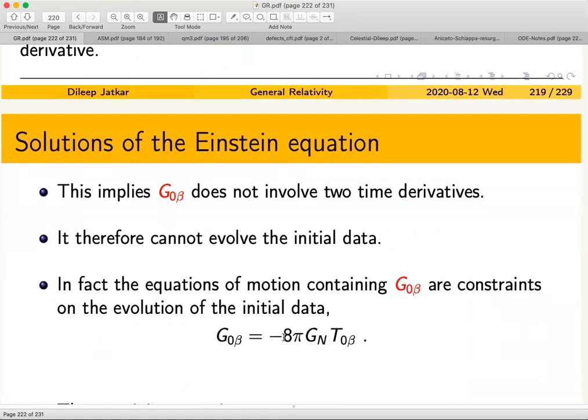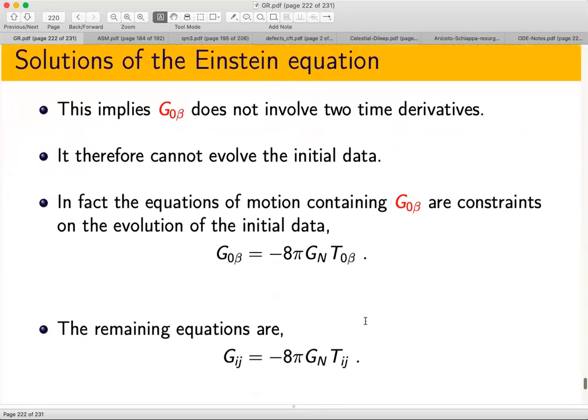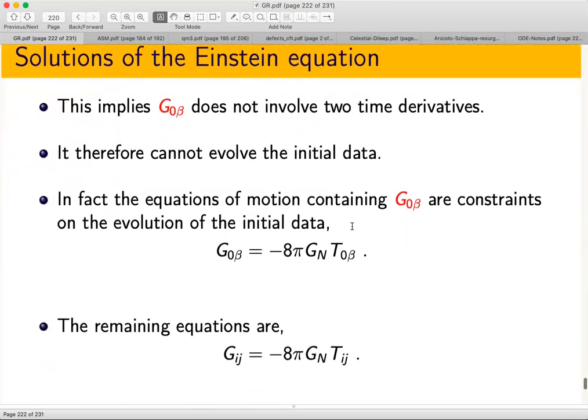So this is a constraint that you have to impose on the solutions. Once you have converted this set of equations into constraints, then the actual evolution equations are only these.